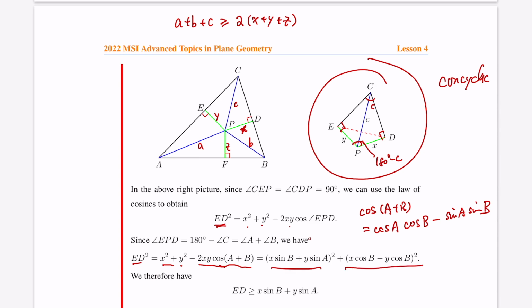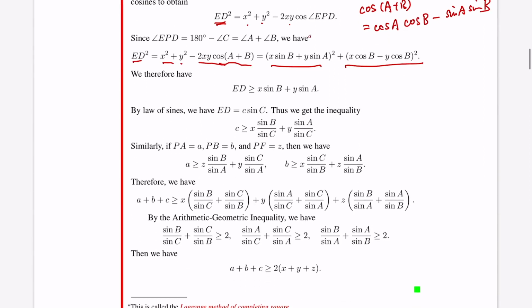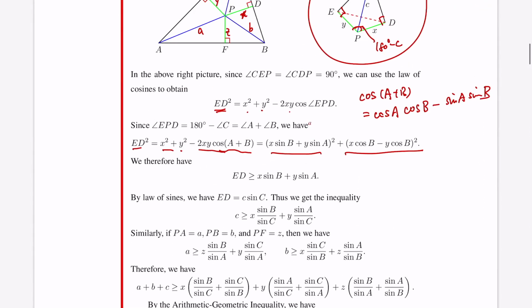There's a name for this, the Lagrange method of completing the square. You don't have to prove that ED squared is non-negative because it's always non-negative. But I would like to see a way to write something as the sum of 2 squares.